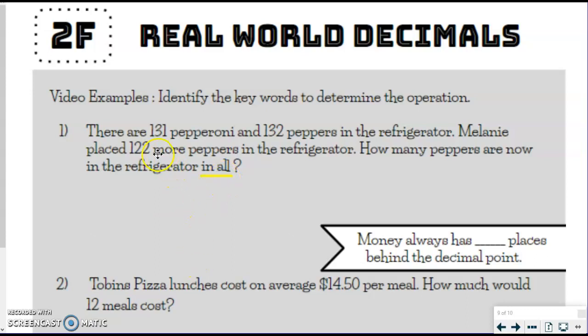You might have also underlined more, and those are key words for addition. Okay, and as I'm doing these, you might notice some of these words or have some of these ideas yourself, so kind of be thinking about that as we're doing it. So see if you can guess what it is in your head before I reveal the answer. Okay, but that was an addition problem, so you'd be adding up the peppers. And it said how many peppers.